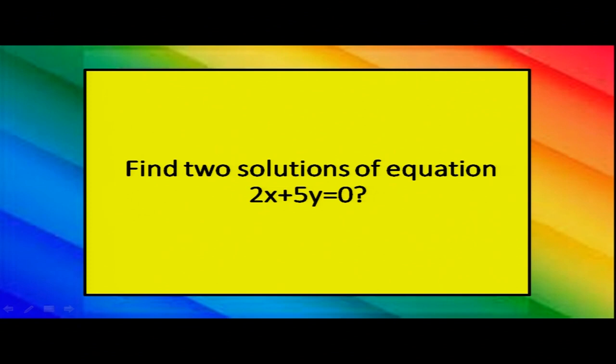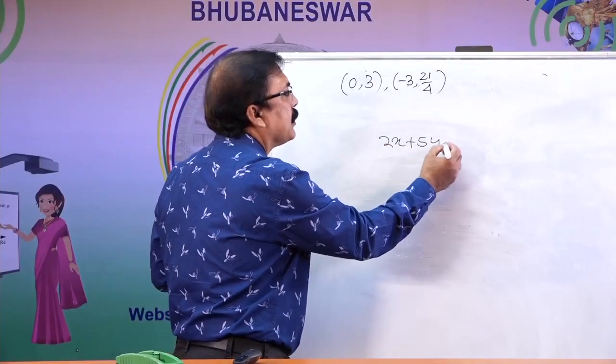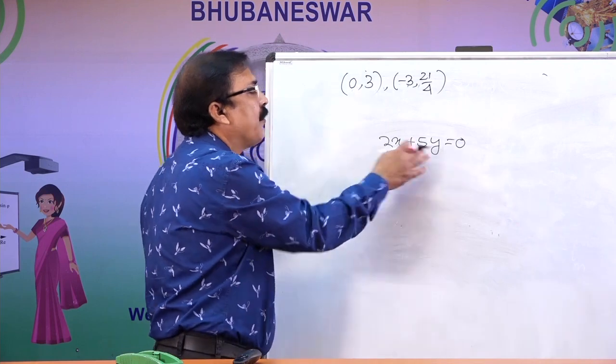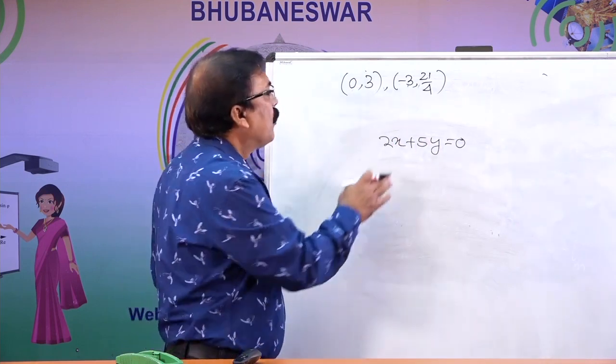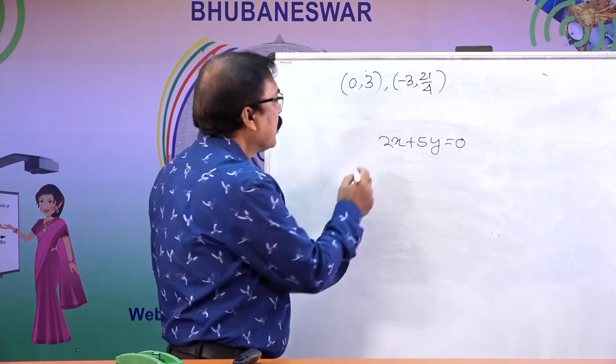Find two solutions of the equation 2x plus 5y is equal to 0. Here the type of equation is something different from the previous two. Here 2x plus 5y is equal to 0. The values of x and y we have to find, but here the c part is 0.